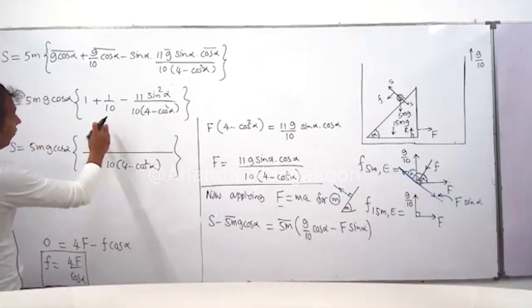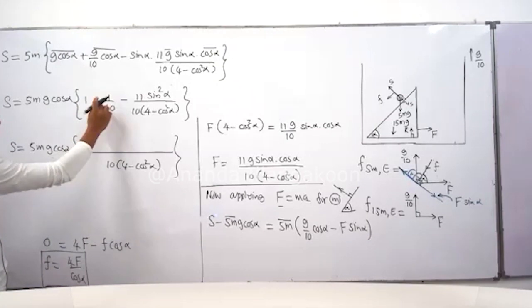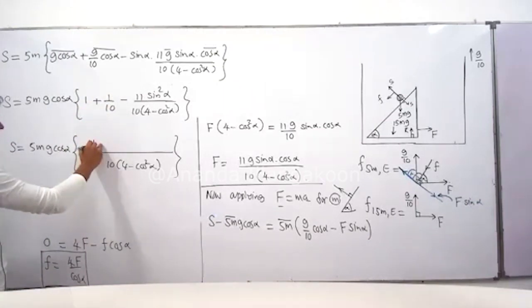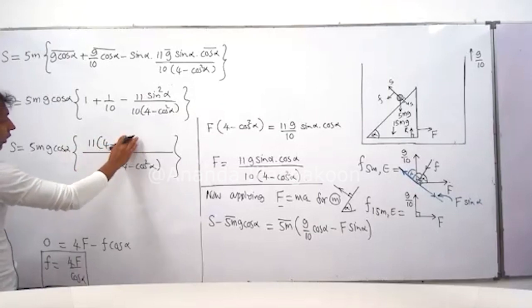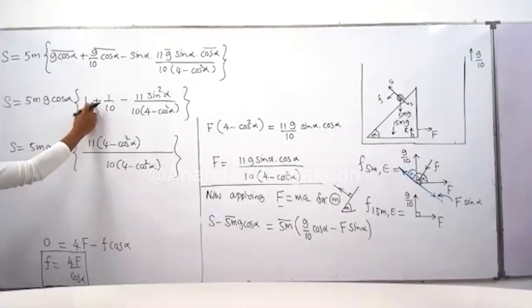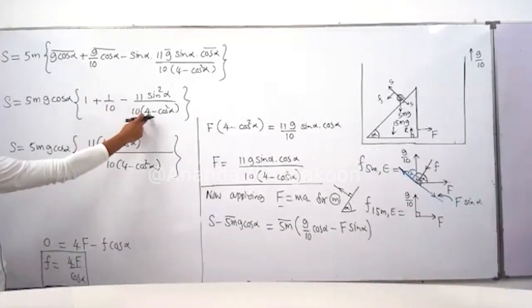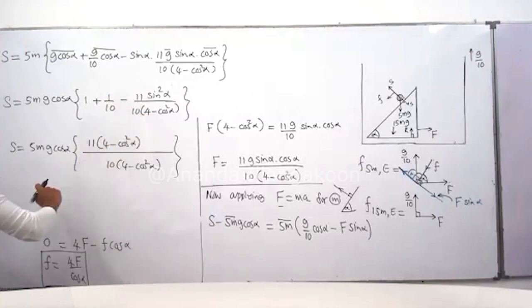If I simplify directly, here 10 plus 1, 11, so 11 times 4 minus cos squared alpha. Correct, no? 10 plus 1 means 11 by 10. Then that 11 should be multiplied by this 4 minus cos squared alpha because 10 is there.